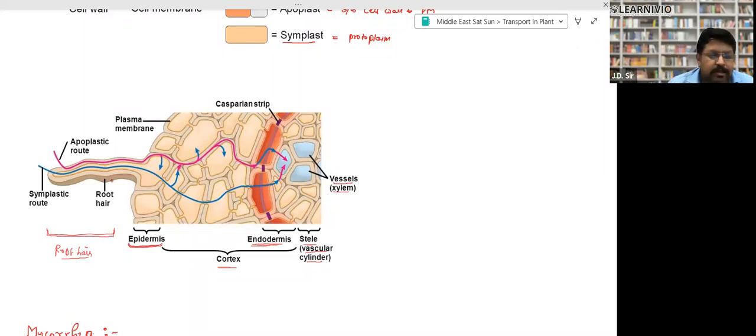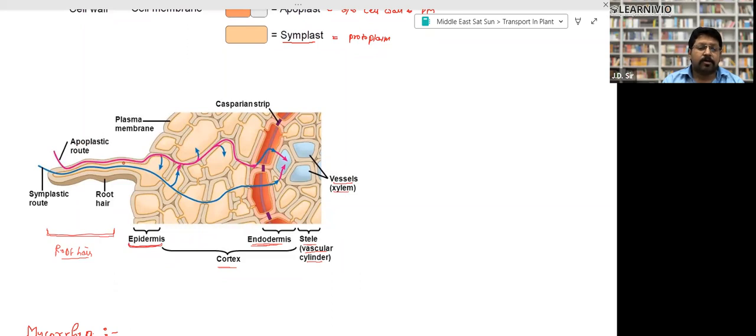So when water starts moving inside the cell, water takes the pathway inside the cell, right? This is called symplastic pathway. Means from one protoplast to another, to another protoplast. This is called symplastic pathway, right? The second thing is that here the water is moving between the protoplasm and the cell wall, right?